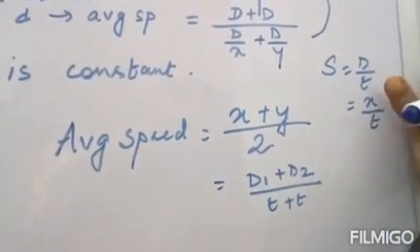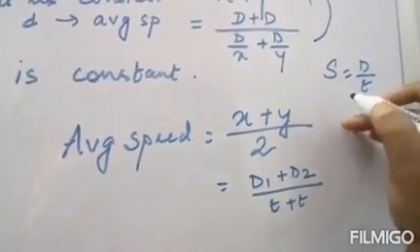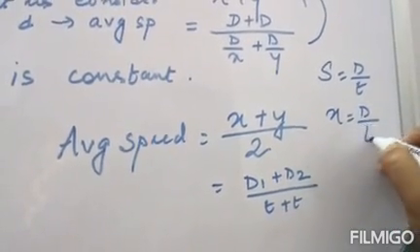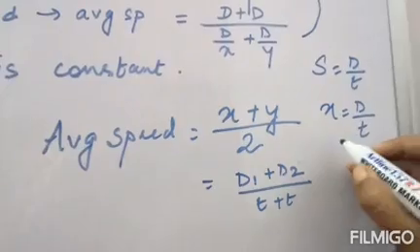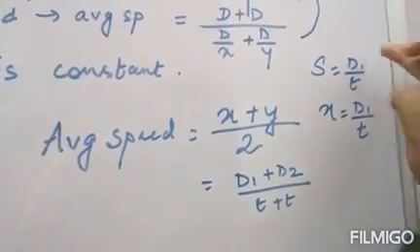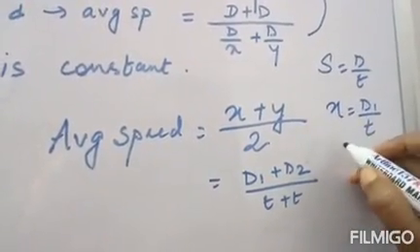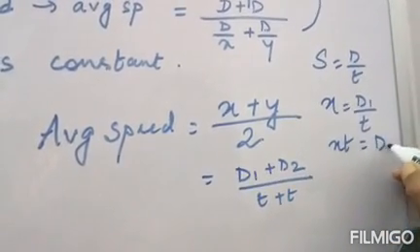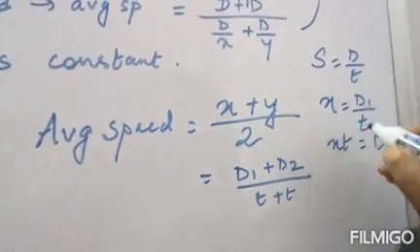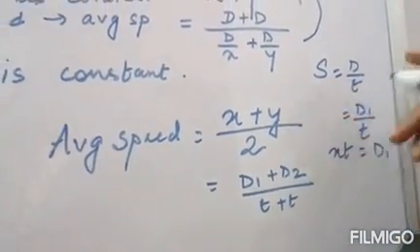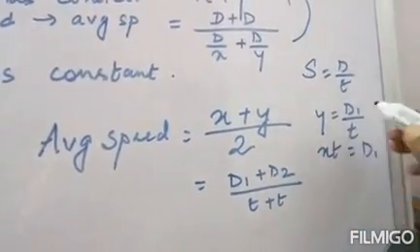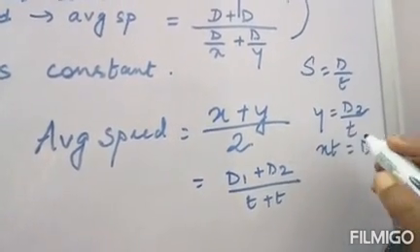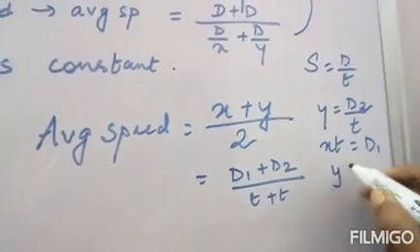Speed is x, it is already given, and it is distance by time. So distance 1 will be xt. Similarly, if we change it to y for the second body and call the distance d2, it will be yt.